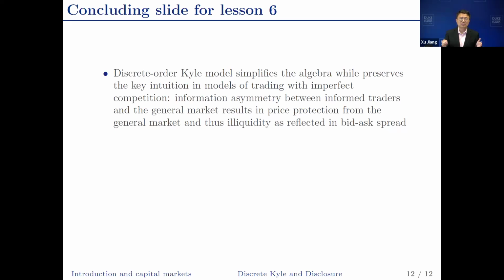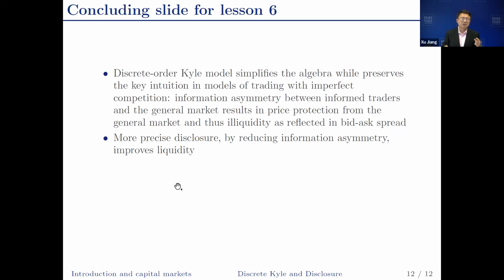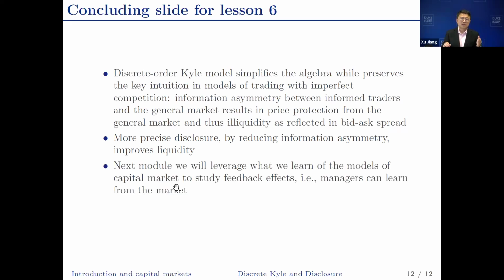It generates information asymmetry between the different parties. And that information asymmetry results in price protection from the market maker. And that's reflected in the bid-ask spread. More precise disclosure improves liquidity by reducing information asymmetry. It reduces the bid-ask spread. In the next module, we're going to build on what we learned in this module.